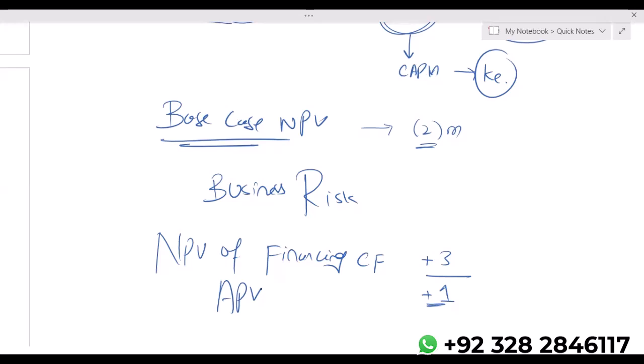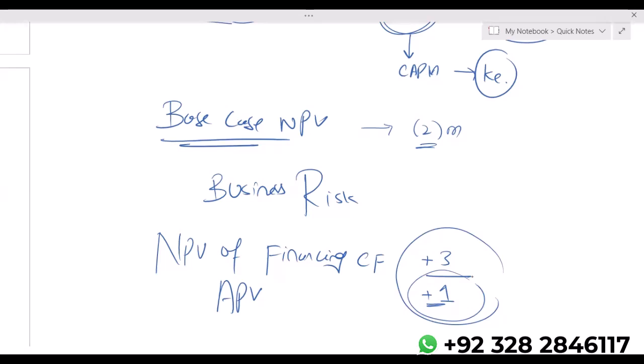It means that net NPV is positive, the project is financially acceptable, but logically this project, which is right now providing you 1 million positive NPV, heavily depends on financing cash flows. In fact, the acceptability of this project itself heavily depends on financing cash flows.